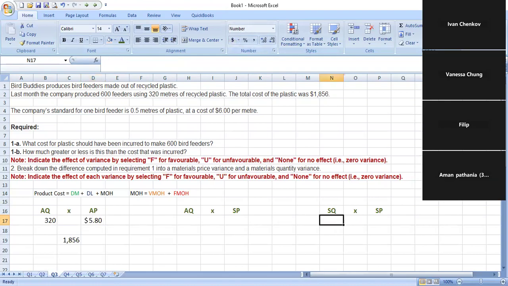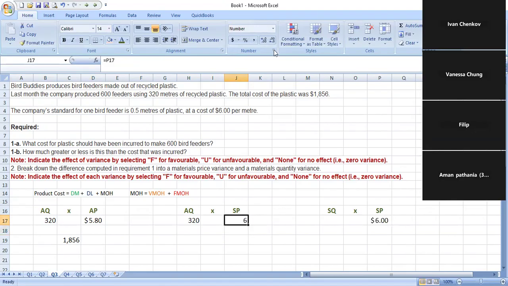So where are our standards, this company's standards? Standard price is $6. Let's put the dollar amount here. And now the actual quantity is 320. Standard price is equal to this $6. We're not going to change it.